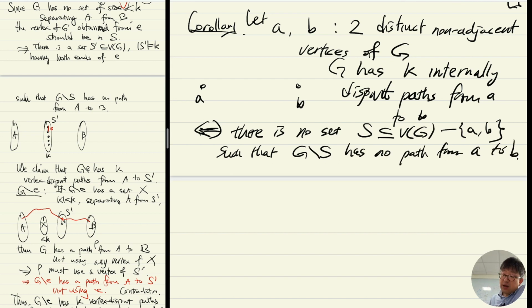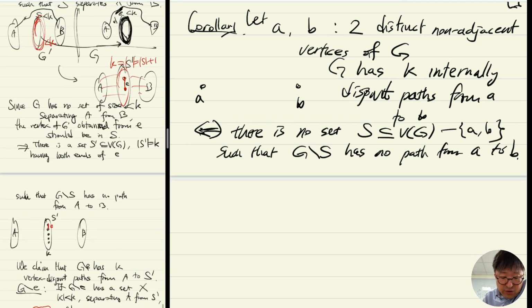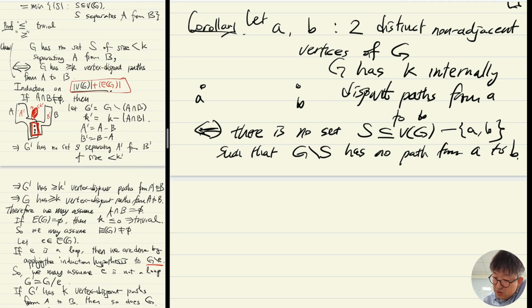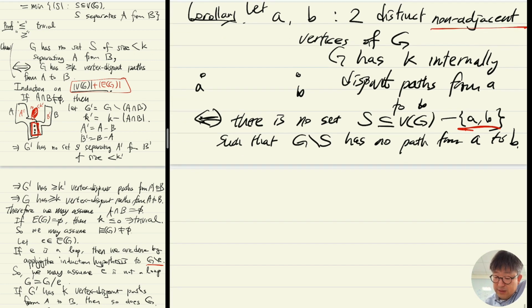But in this case, the difference is that we don't allow deleting vertex A or B. So these two we don't delete. Why do we have non-adjacency? Because if you have an edge from A to B, then no matter how you delete a vertex in the middle, you're going to have at least one path. So this corollary cannot be true in that case. But other than that case, we have this.